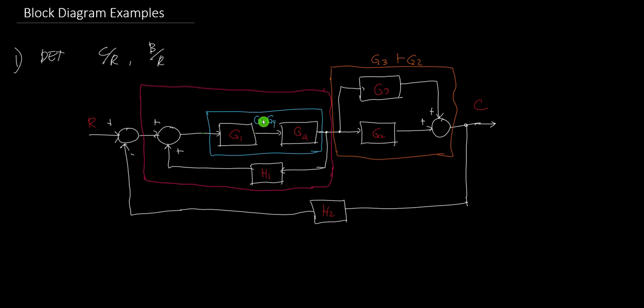This is one block in the forward path, and this is the feedback path. This is our G. So in our formula for a canonical form, C over R is just equal to G over 1 plus or minus G times H, where plus or minus depends on the sign here. This is plus and plus, so here it should be 1 minus G times H.